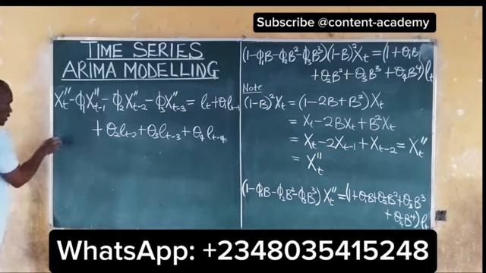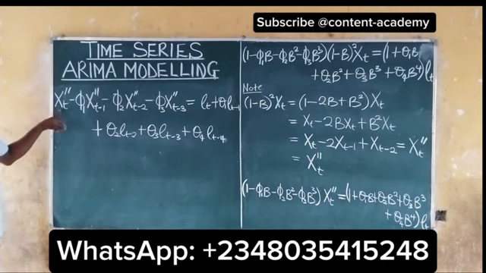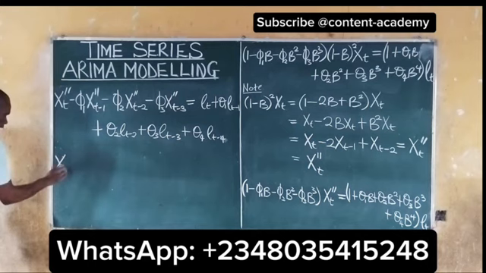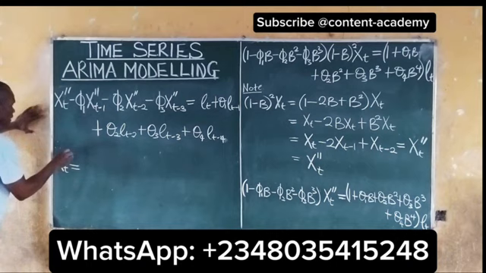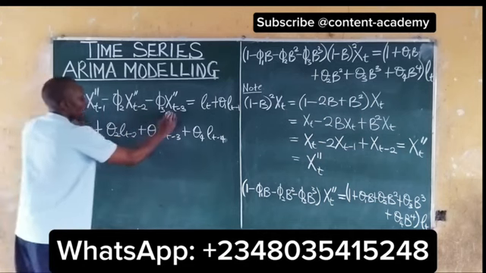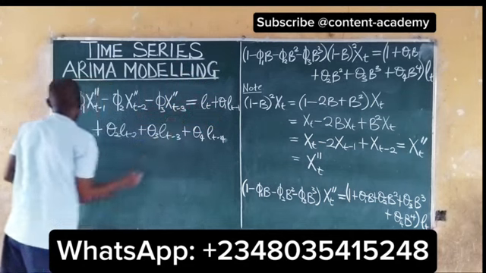Now, it then means that we can make this the subject of formula. We can write xt prime prime to be equal to this. If you move the whole of this part to this other side of the equation, you have it as positive.